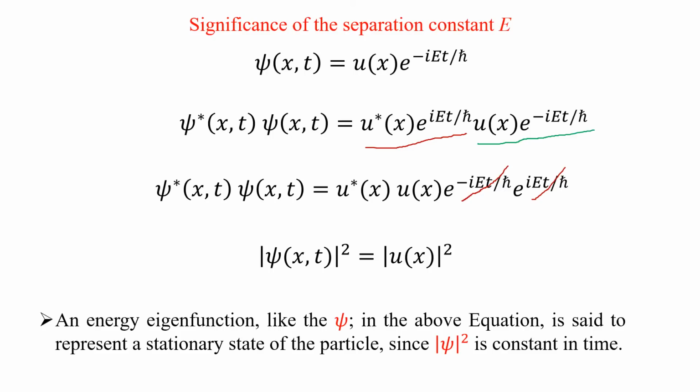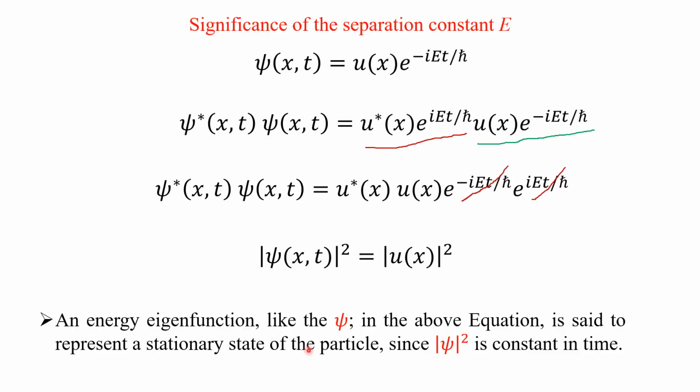So the left-hand side will become modulus square of psi_n of x, and the right-hand side will become modulus square of u_n of x. If you see this equation carefully, there is no time-dependent part here.